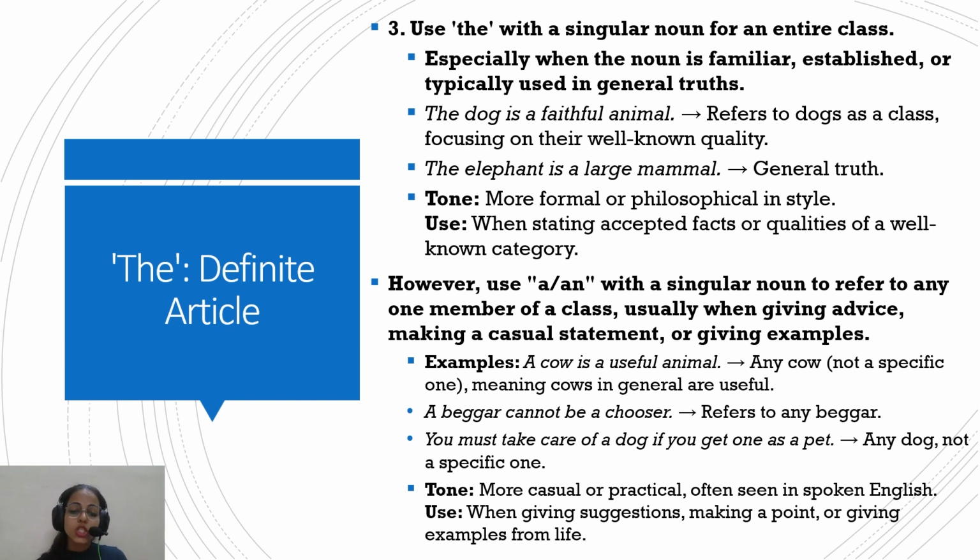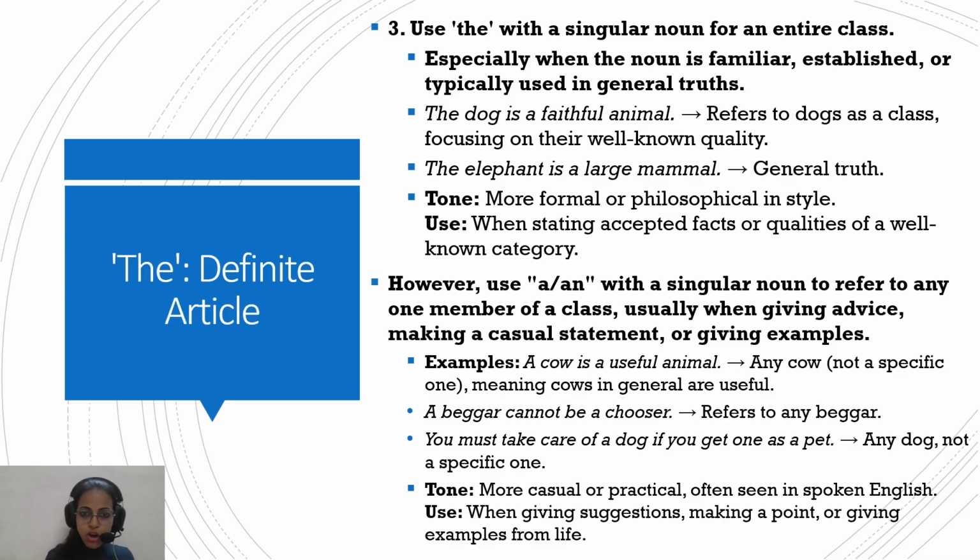Or, a beggar cannot be a chooser. We are not talking about any specific beggar. We are talking about the whole beggar community. So any beggar in the whole community cannot be a chooser. You must take care of a dog if you get one as a pet. Not any specific dog is being referred to here.